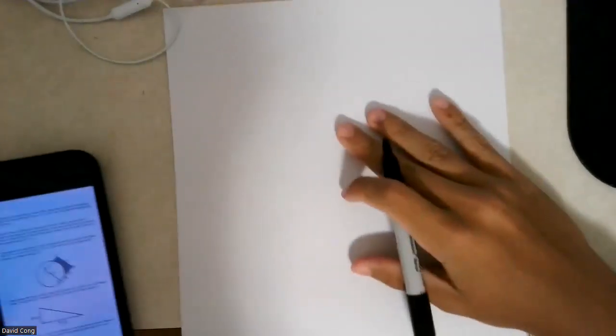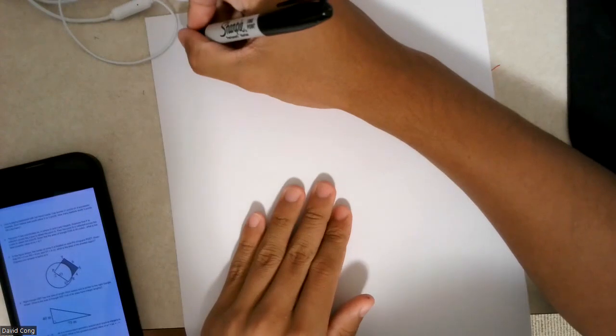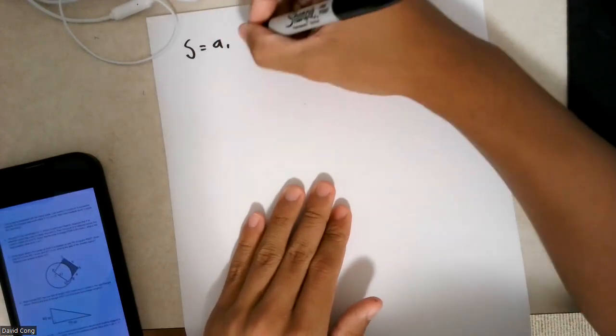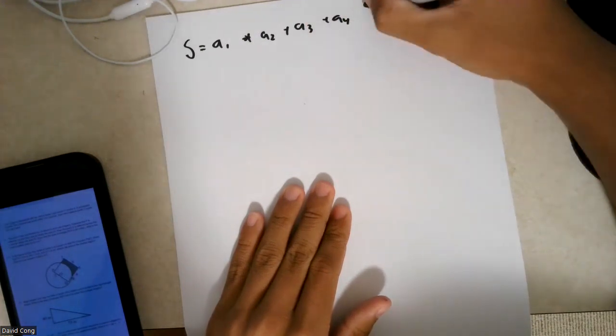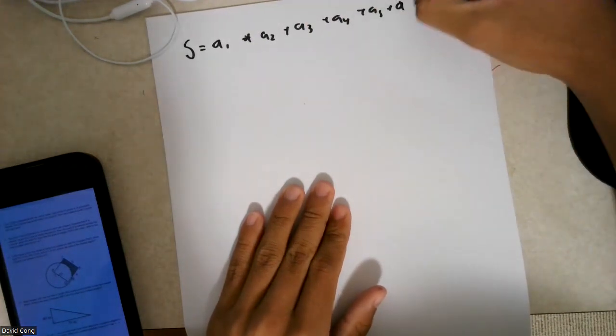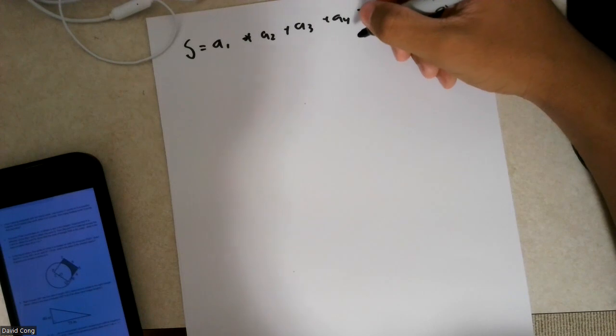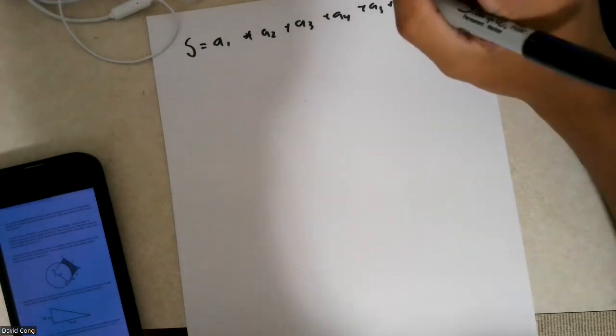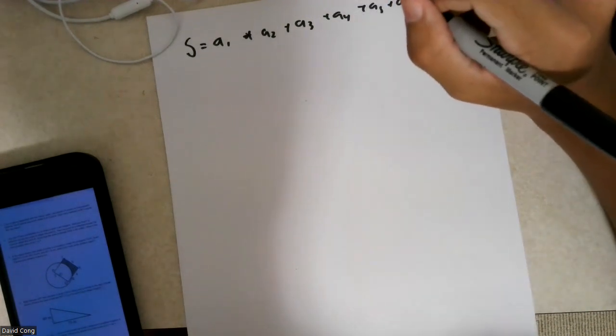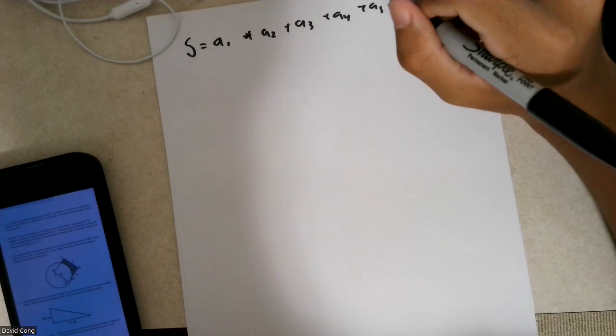And for the last question, we have our sequence: A1 plus A2 plus A3 plus A4 plus A5 plus A6. It's a geometric sequence of positive integers, in which every term is less than 2023. What does this tell us?